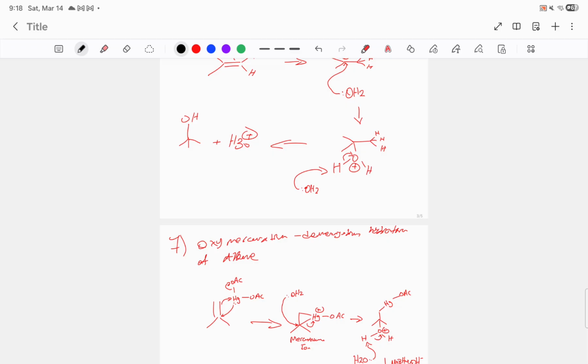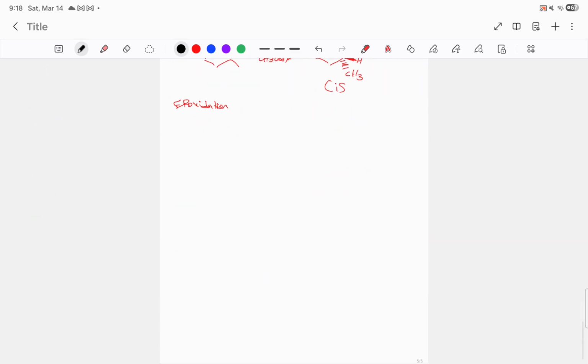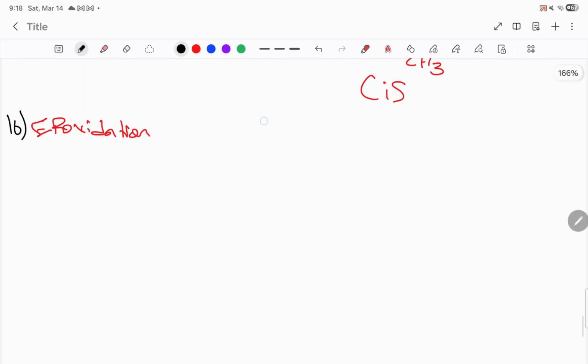It is extremely reactive because it is very strained. So let's show you reaction number 10. I believe this is number 10, yes.